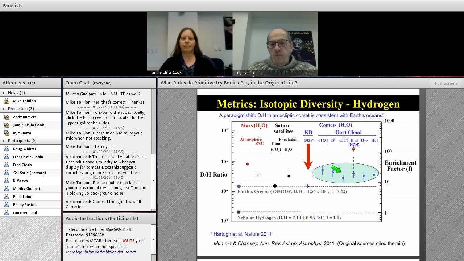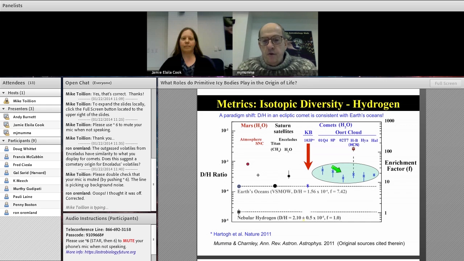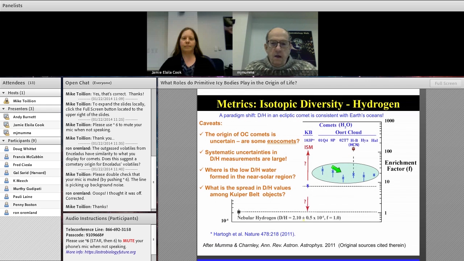We know something more about where those bodies came from and how they were delivered to the Kuiper belt through the dynamical models, but we yet don't know how many of those bodies could have been delivered to the terrestrial planets during that event. So there are those two sub-questions that need significant work in order to help to assess this question of where did Earth get its water and its organic inventory.